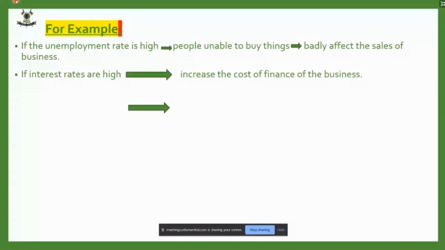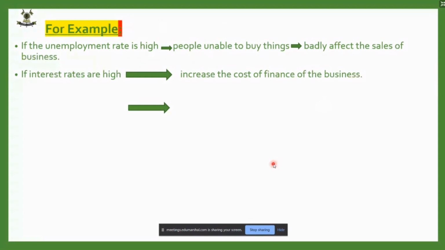So it's another example of the economic environment. The interest rate itself is part of the economic environment. Unemployment is part of the economic environment, because this is how they have an impact or effect on business working, business activities.